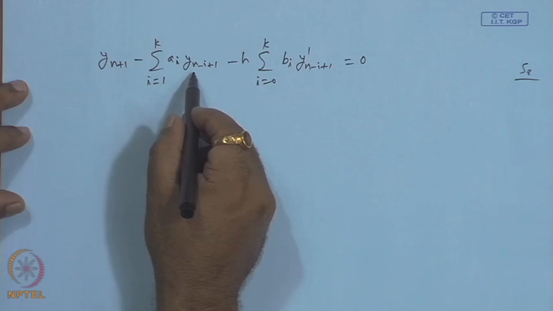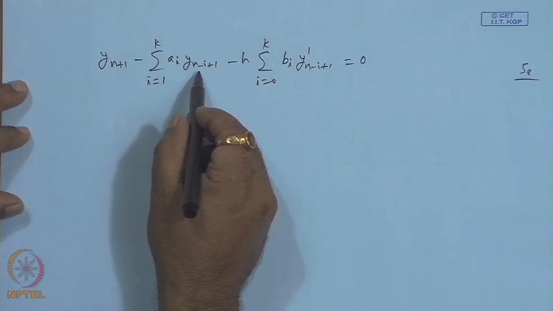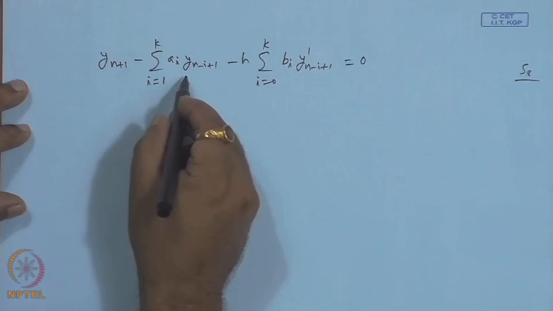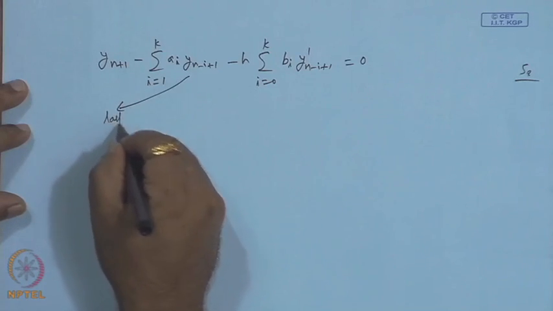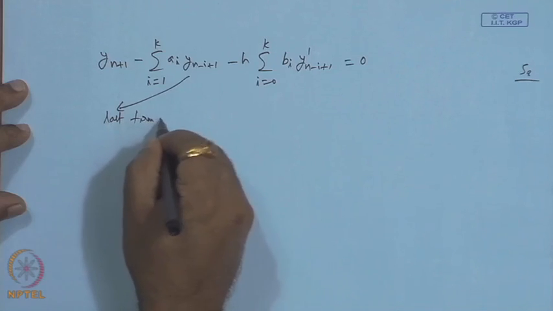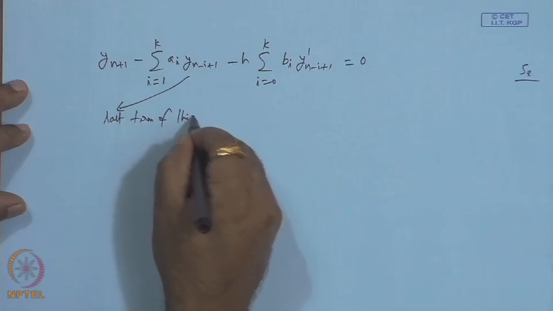What will be the last term? The last term of this summation is this.